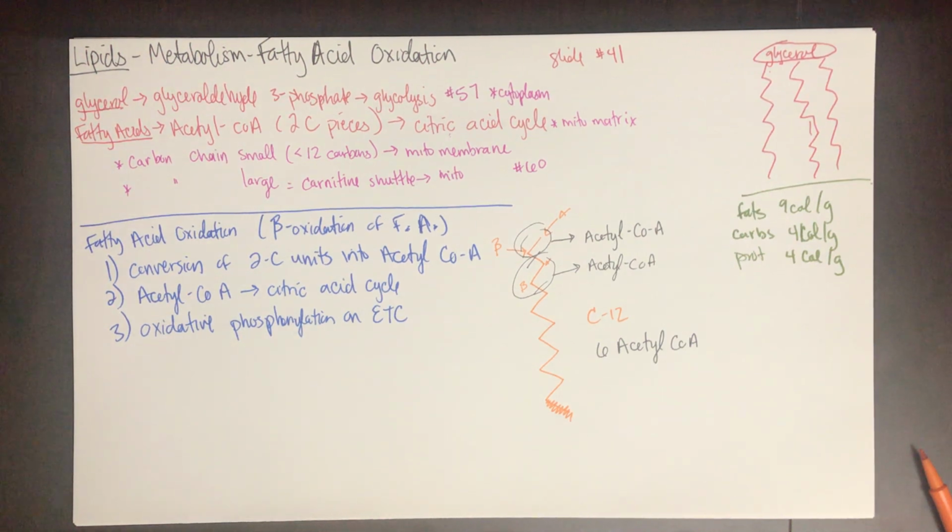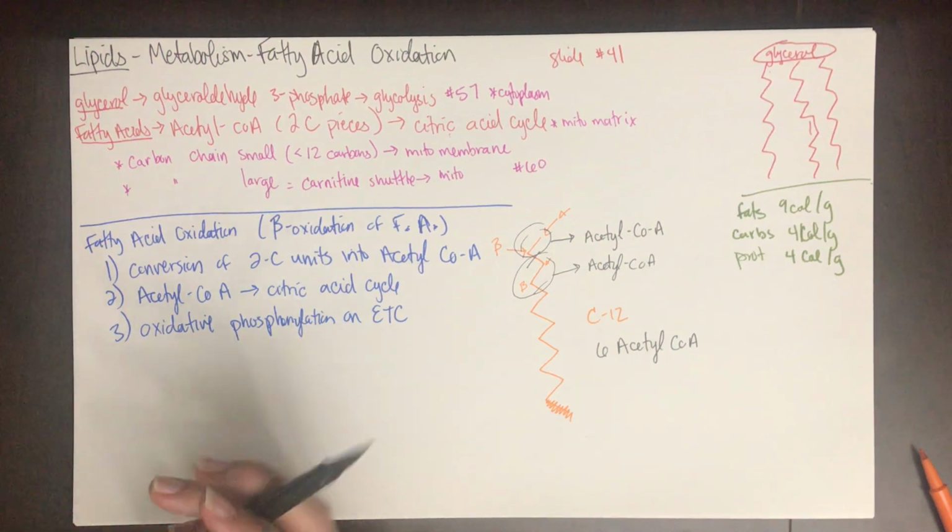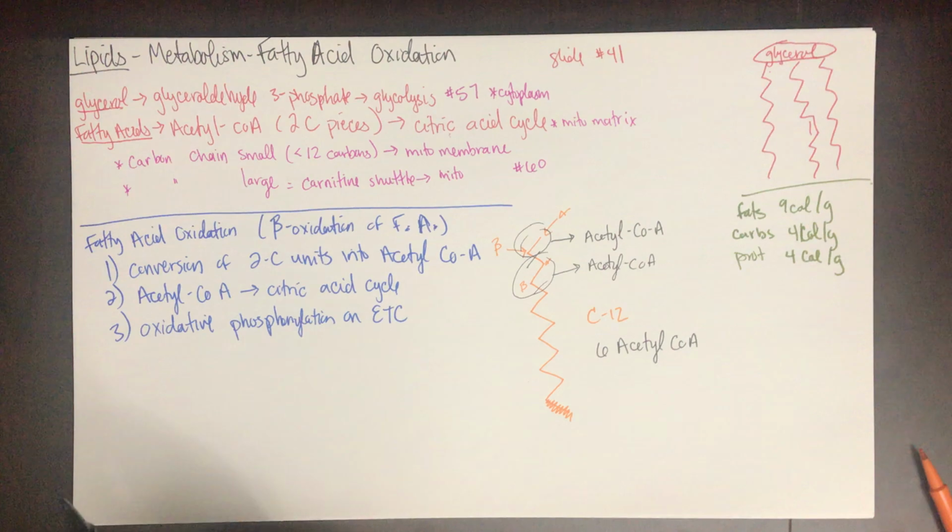I think palmitoyl is 16 carbons, but for each of the palmitoyl, no, sorry, it's 14 carbons. So for that, you would make 108 ATP for 1 palmitoyl-CoA, compared to 1 molecule of glucose only making 32 ATP.